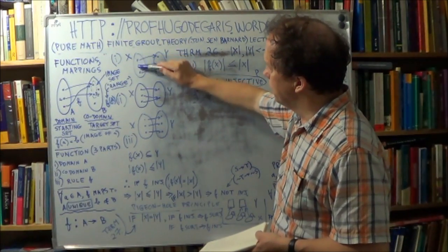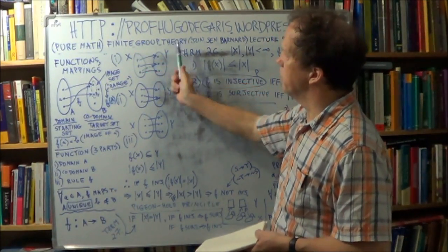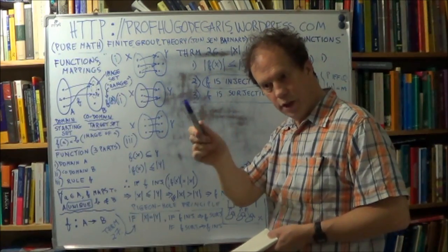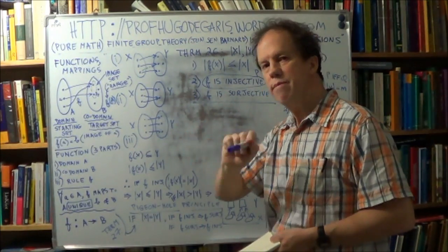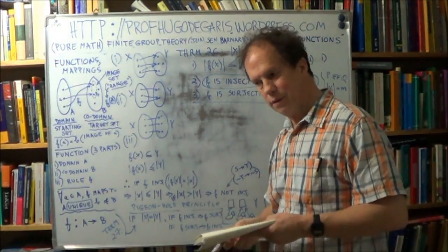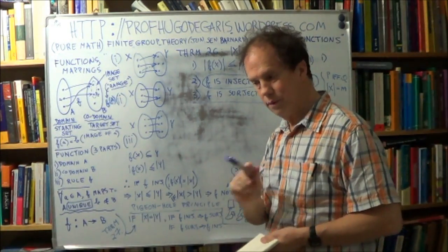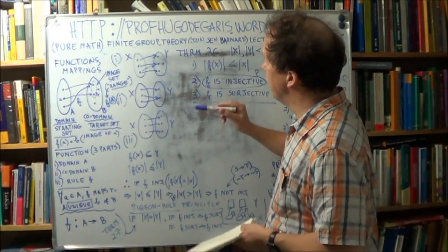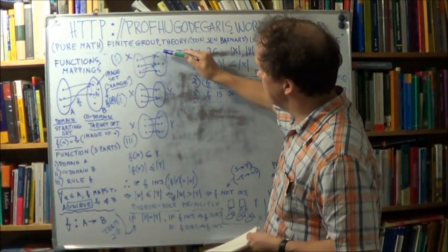And all of your members of your starting set have to be mapped. That's the definition of a function. You have to map every member of your starting set, otherwise it's not a function.